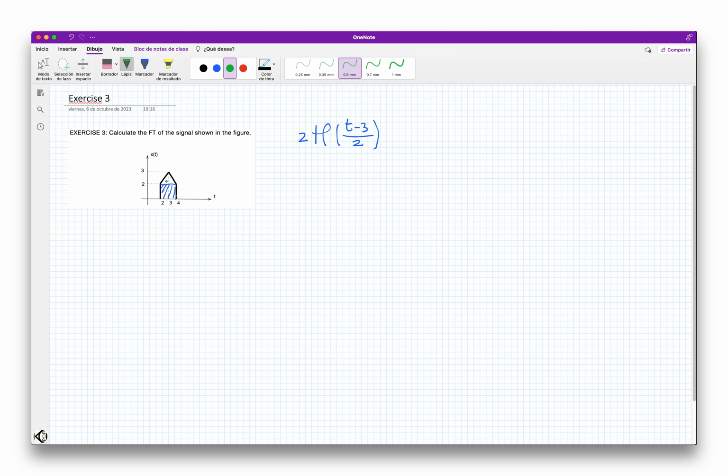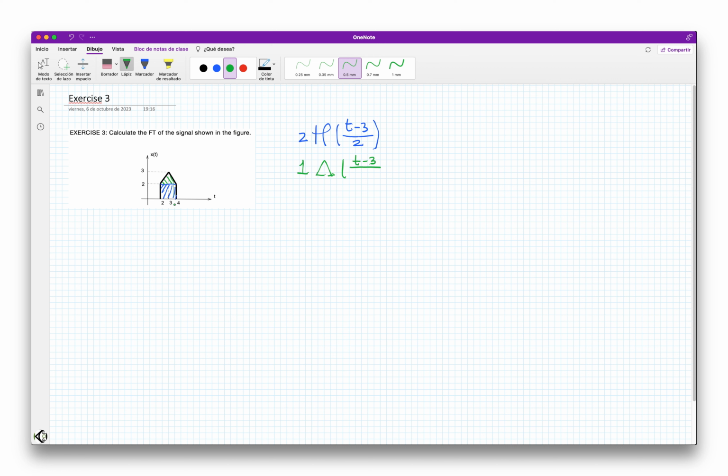And then we have a triangle signal over here, that can be written the same as a triangle of amplitude 1. So we put a 1 here, and then a triangle which is also displaced to the right 3 units, and the width is 2.